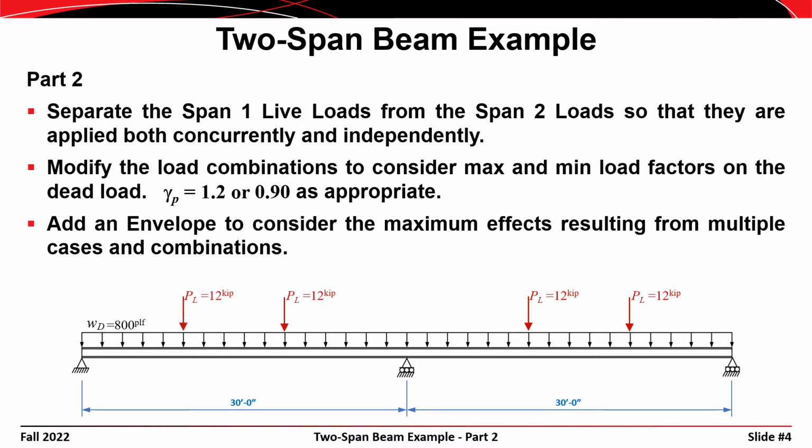Next, we'll modify the load combinations so that we consider both a maximum and a minimum load factor applied to dead load. And then last, we'll apply an envelope to consider the maximum effects resulting from these multiple load cases and combinations.